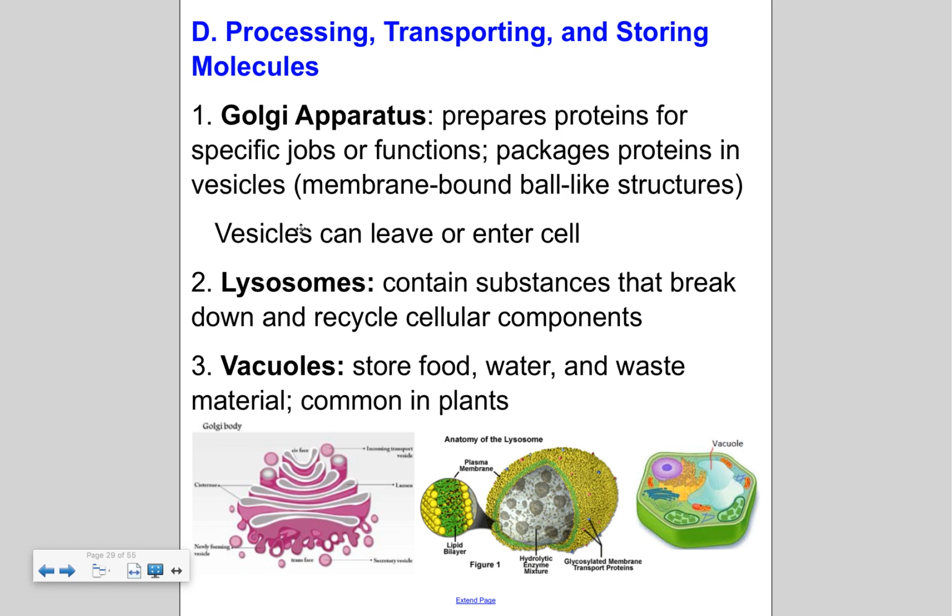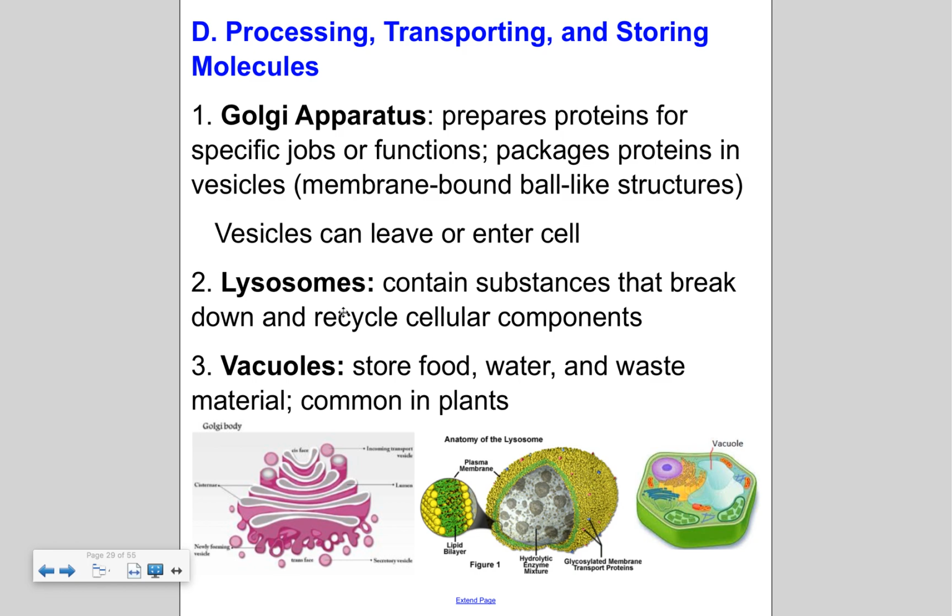And vesicles are kind of like little blobs that can enter or leave the cell. So they're kind of like transport. So the Golgi apparatus takes proteins, prepares them to do jobs, does some final modifications, packages them into vesicles, and sends them on their way. I like to think of the Golgi apparatus as like a UPS truck, sending those proteins to their final destinations.